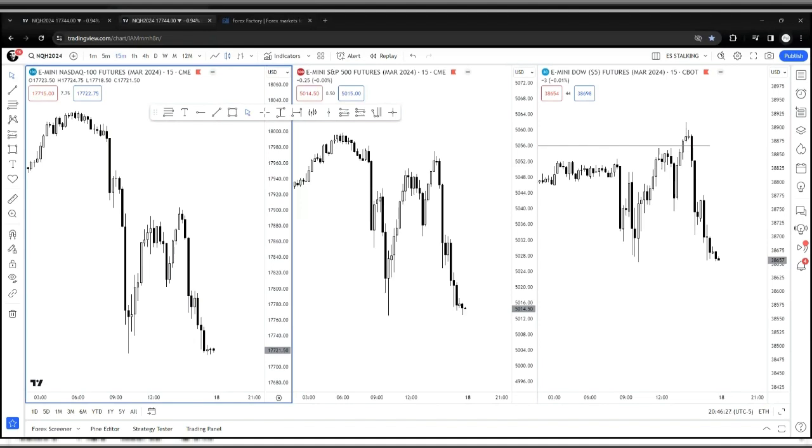So you need to try to find which style of trading works for you. If you're a position trader, a swing trader, a short-term trader, a day trader or a scalper, you need to choose one and just be true to it. Focus there.